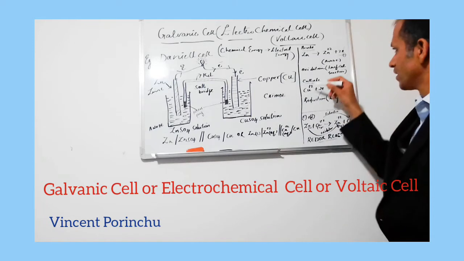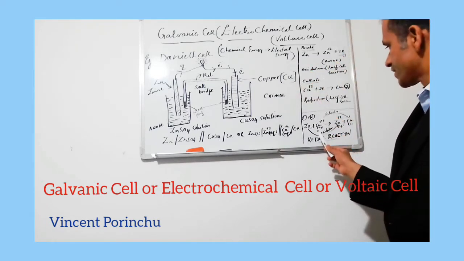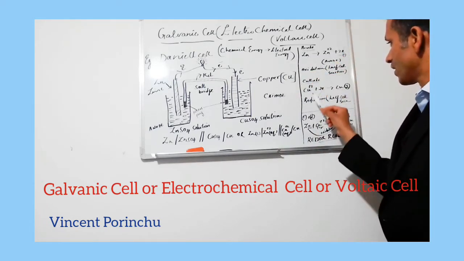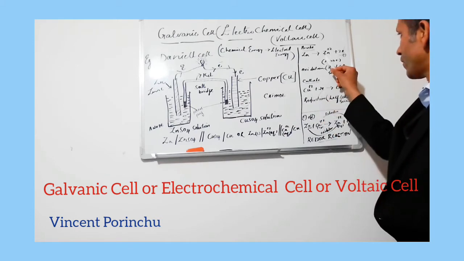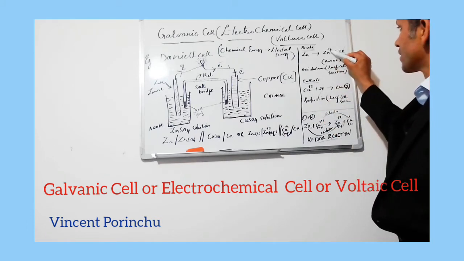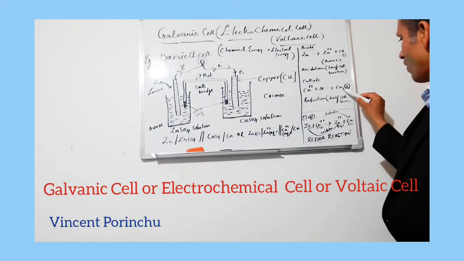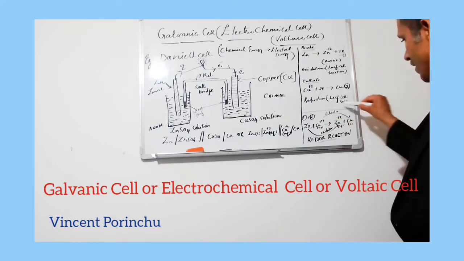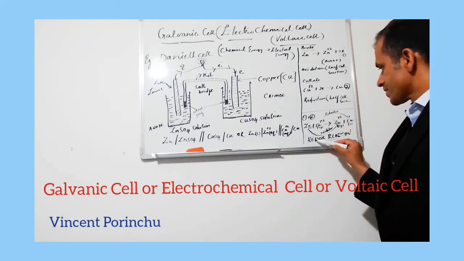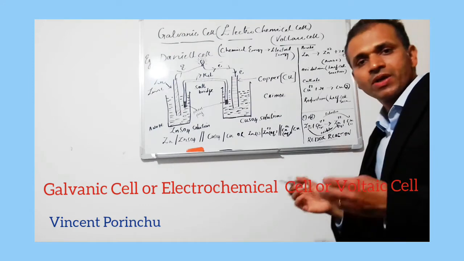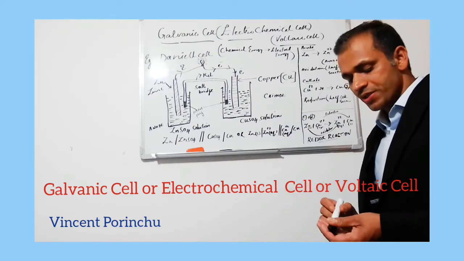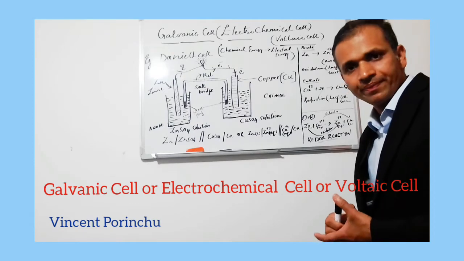So net, on the left hand side of this equation we have zinc and Cu2+, and on the right hand side Zn2+ plus copper. This reaction is known as a redox reaction because it is a combination of oxidation and reduction.